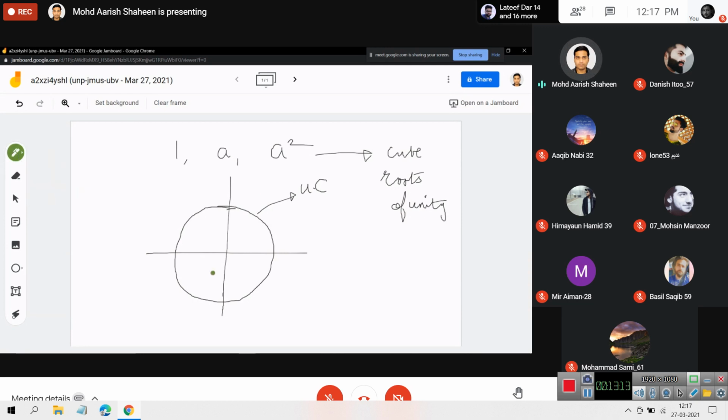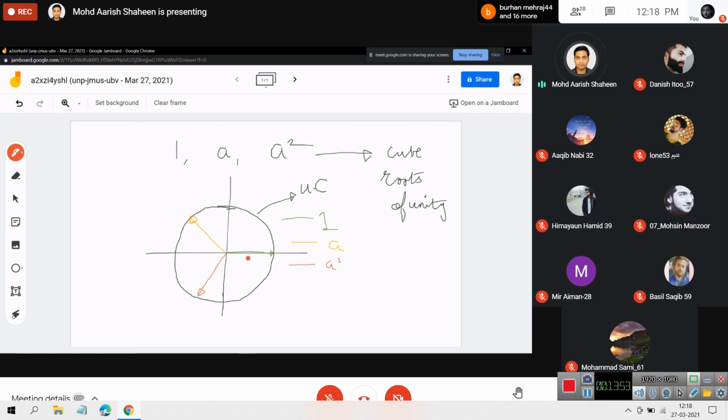So if I let me use green here. This is 1, obviously. This is A, and this is A square. Okay, so this is 1, this is A, and then we have A square.